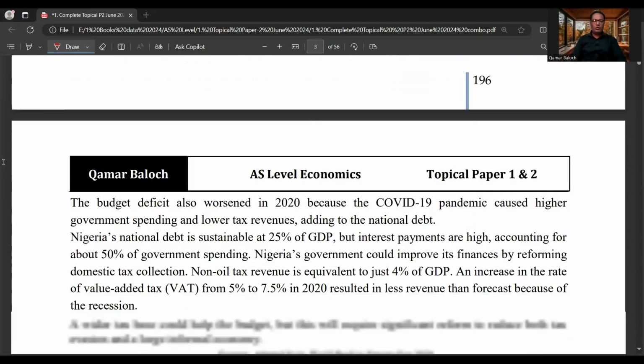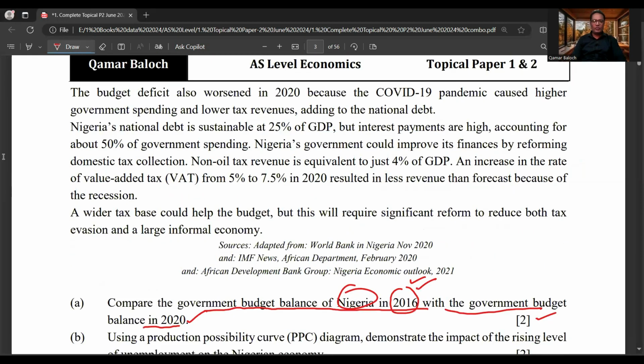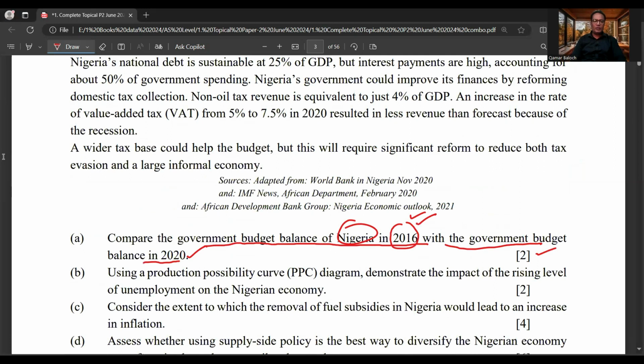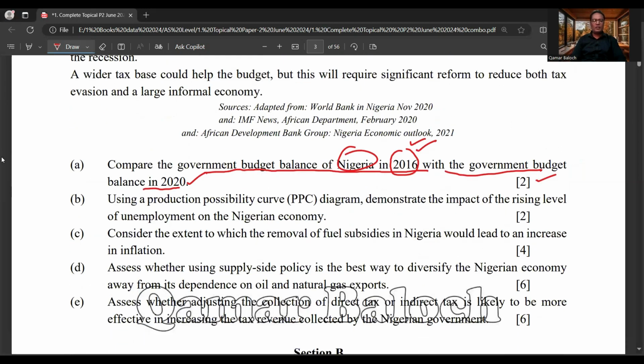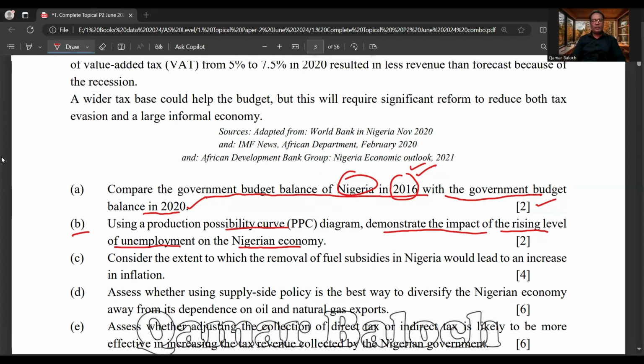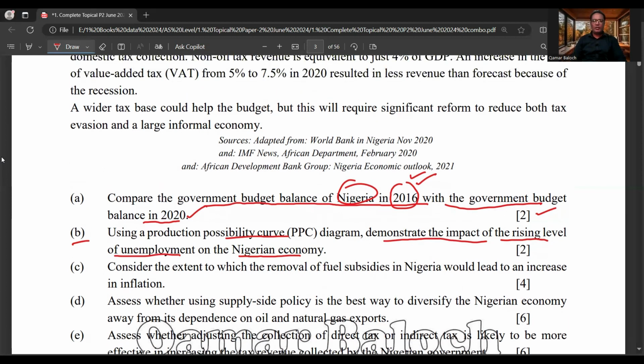Now moving to the second question, part B. The question says: using a production possibility curve diagram, demonstrate the impact of the rising level of unemployment on the Nigerian economy. Keep in mind, whenever there is unemployment in the economy, there will be a movement inside the PPC. So you will have to draw the PPC diagram.